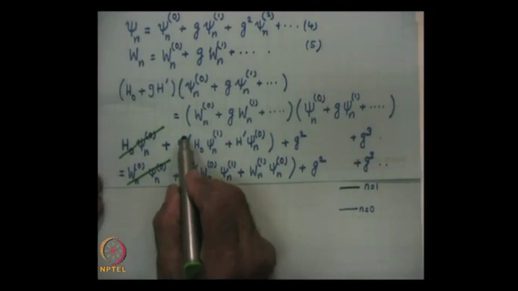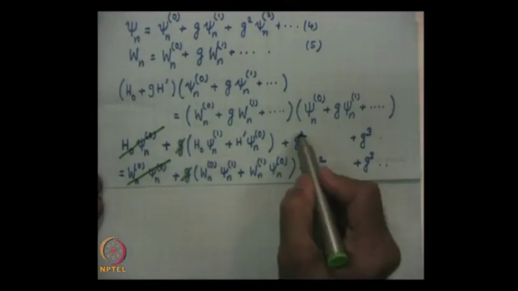Now, we said that this term is equal to this term. So, then these two terms cancel out. Then we divide the whole equation by g. So, this goes out, this goes out, this goes out, this becomes g square and g. So, if I now make g tend to 0, then this is the first order term.